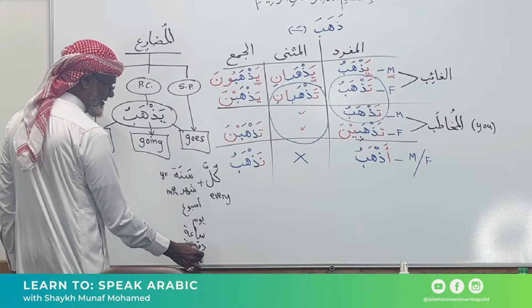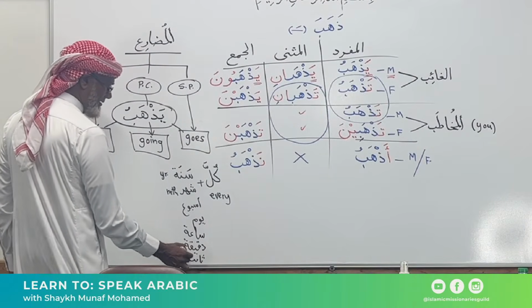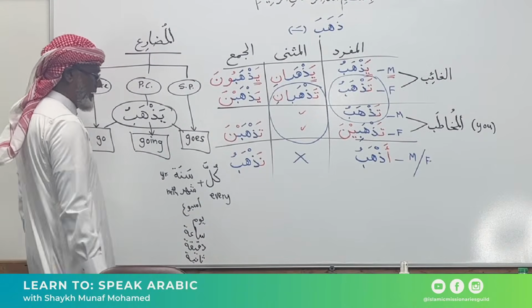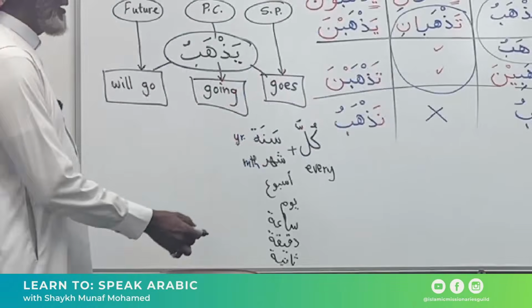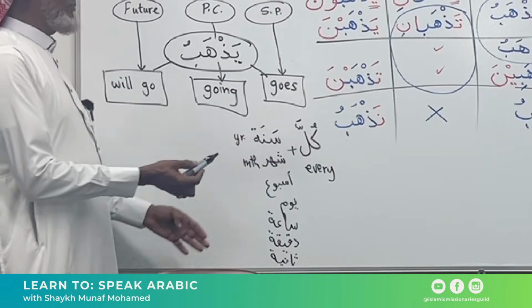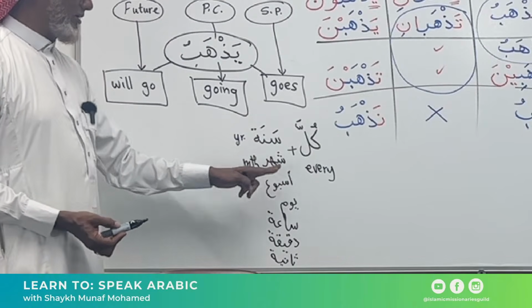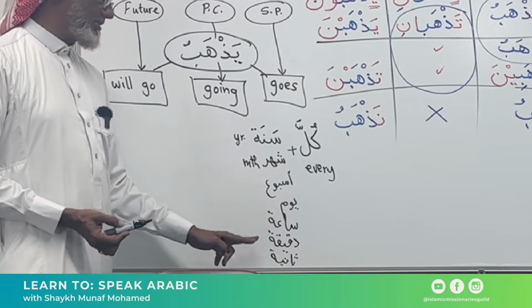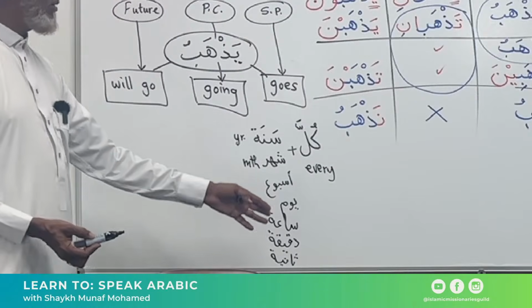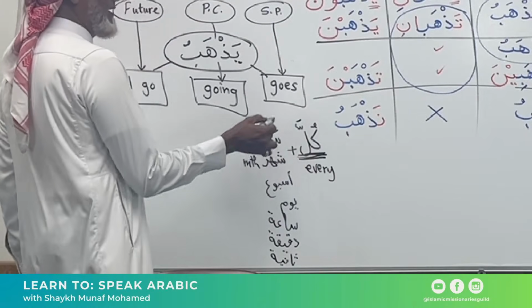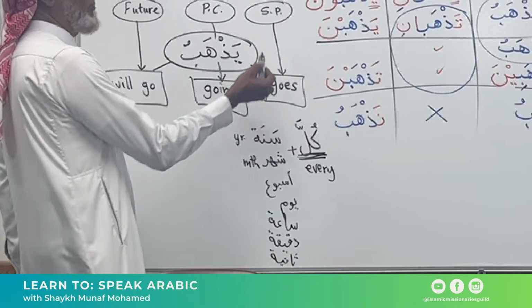Thaniya, second. So if you want to say kulla sana, every year, kullu shahr, kullu usbu, kullu yawm, kullu saa, kullu daqiqa, kullu thaniya. This word here, kulla, every, is a word that will tell me it is the simple present tense.